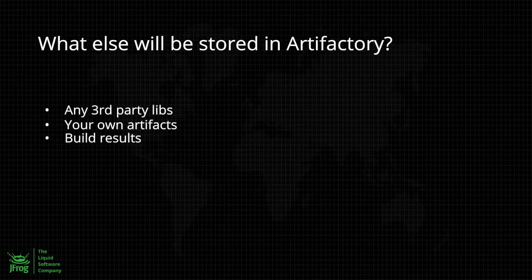So in Artifactory, as I said, you can store any kind of binaries, but more important with all those binaries is also to store all the metadata, build results, the context of your build, what happened, when it happened, did I check and test this library.